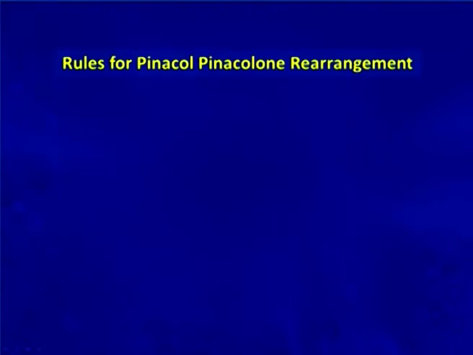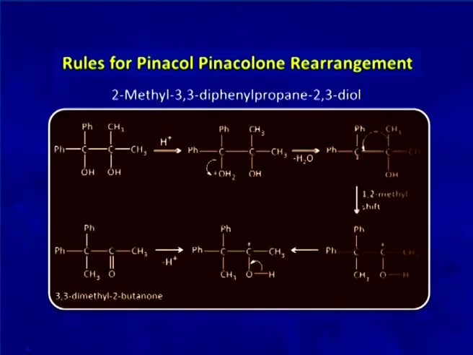In the present slide, we are going to discuss the Pinacol-pinacolone rearrangement of 2-methyl 3,3-diphenyl propane 2,3-diol. You can see here that, as we have just discussed, the protonation will take place from this hydroxy group. As a result, a water molecule will go off, and the methyl group present at the next carbon will migrate with its pair of electrons.